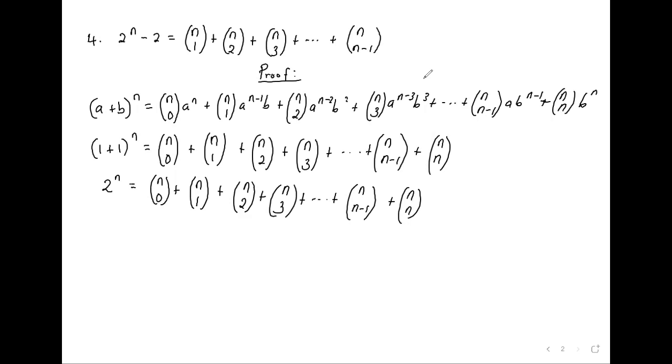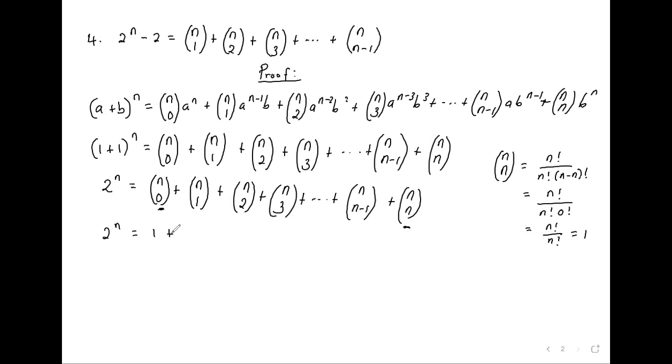You notice that this term is not there. This term is not there. But what is n choose n? This is just n factorial over n factorial multiplied by n minus n factorial. So we have n factorial over n factorial multiplied by 0 factorial. But 0 factorial is 1, so we have n factorial over n factorial. This is just 1. So we have 2 power n. We solve this, it's also 1.